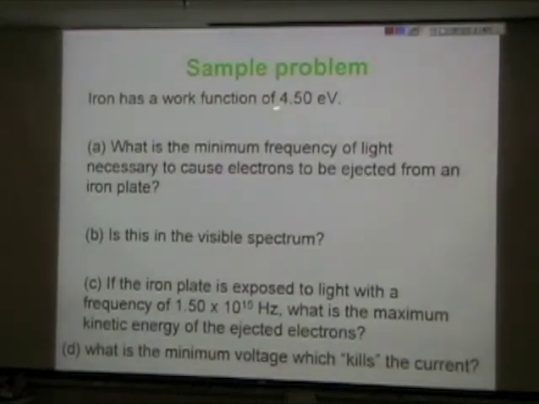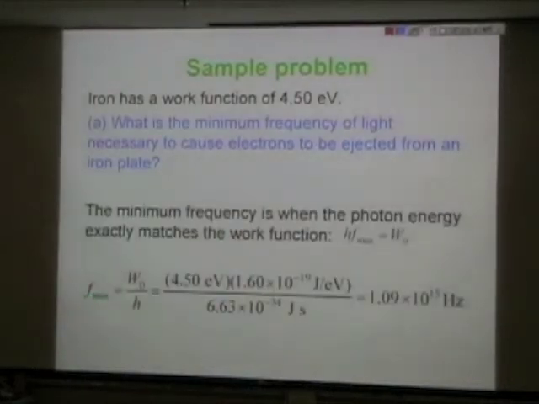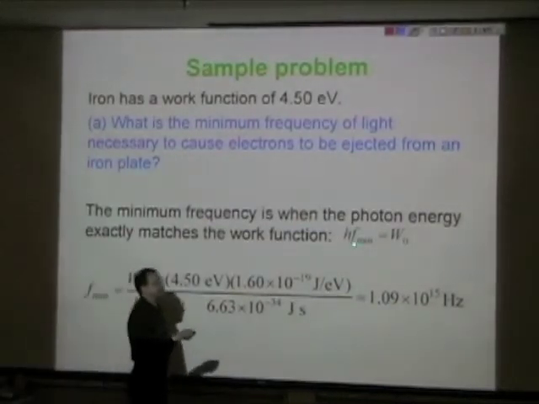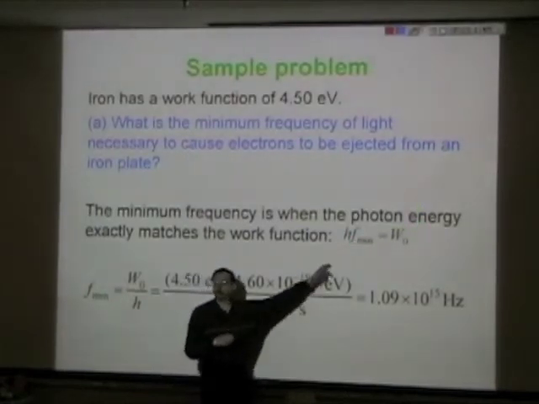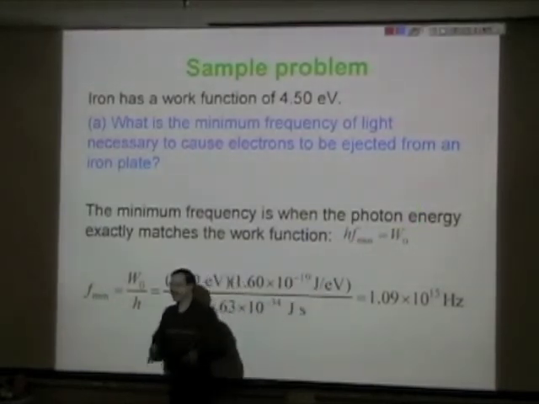If you know the work function, first you want to calculate the cutoff frequency. Then you should figure out what's happening with electrons when the frequency is higher or lower. This is the cutoff frequency. If you're using light with a frequency lower than that, electrons stay inside.